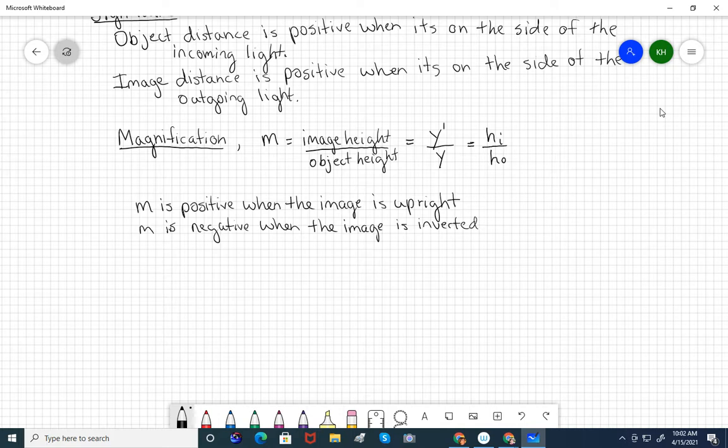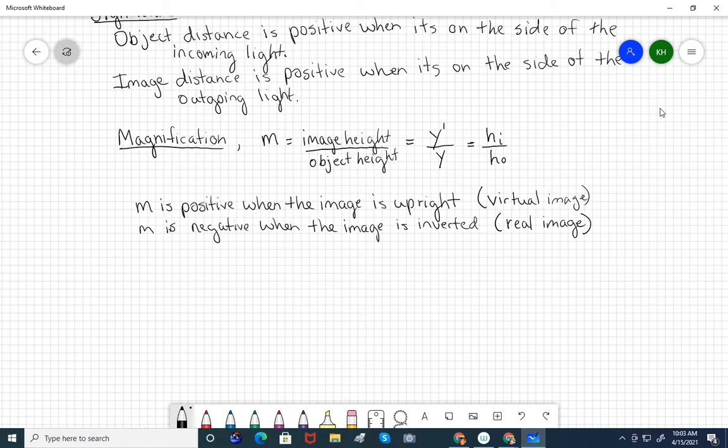We can tie that into what we said earlier. Upright images are always virtual images. Inverted, or upside down, images, we're going to find out, are real images, and we'll look at how we can form some of those.